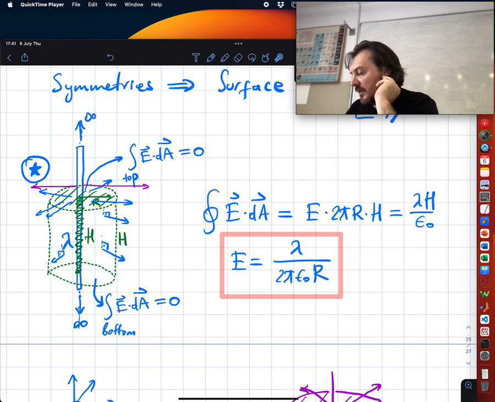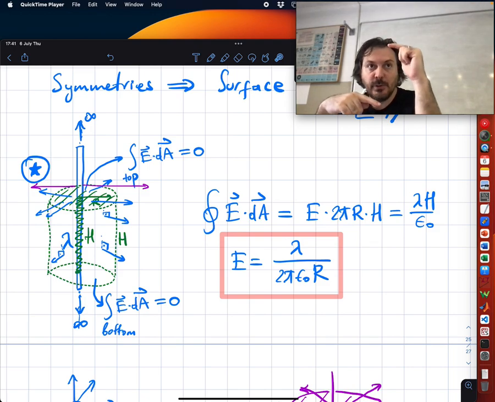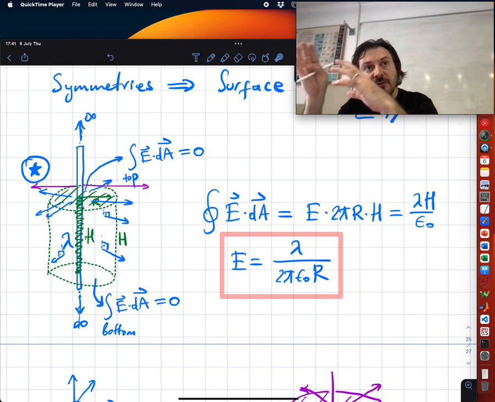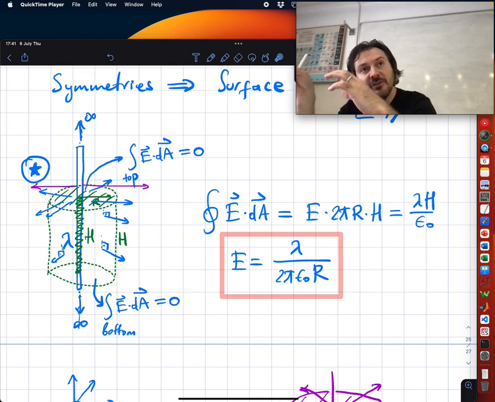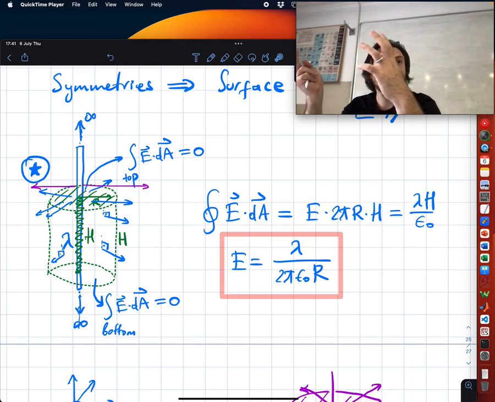And let's say it starts from 0 and it goes up to h. So it's only covering a certain length of the wire, and that length is h. And length times the linear charge density gives you Q, the enclosed charge. We are not enclosing the rest of the wire with this surface.